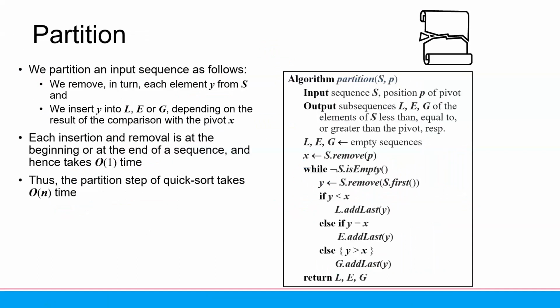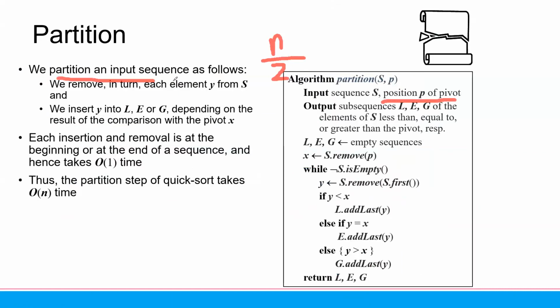The partition here, if we use the merge sort, we will divide n by 2. But the partition here, we will use a position P of the pivot.